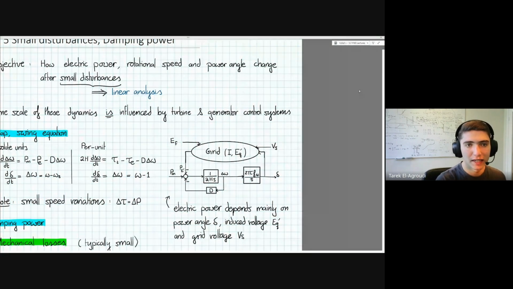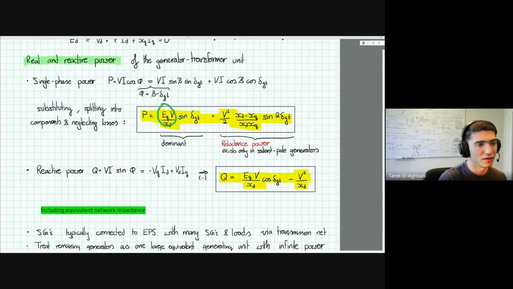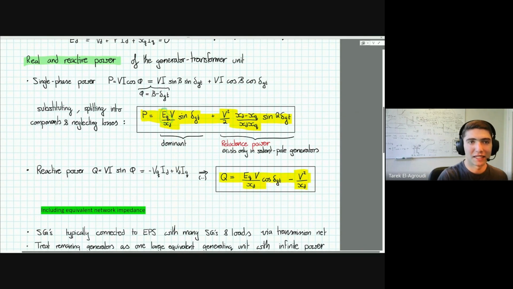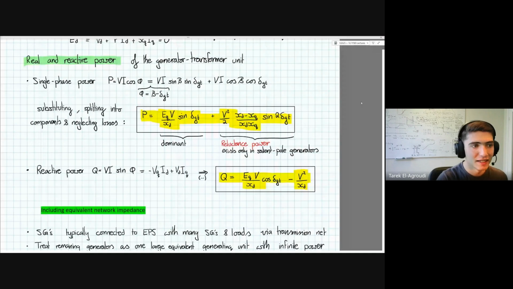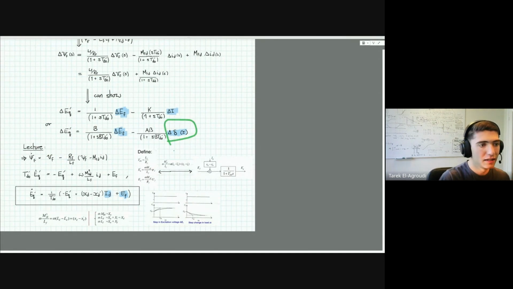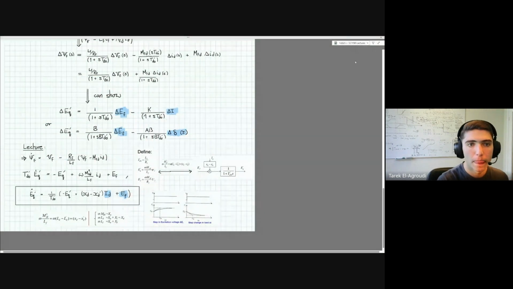If you look at the equation for the power again, you can see it's a function of this field voltage or internal voltage and the grid voltage, and this internal voltage had some dynamics associated with it, which were a function of the power angle as well.